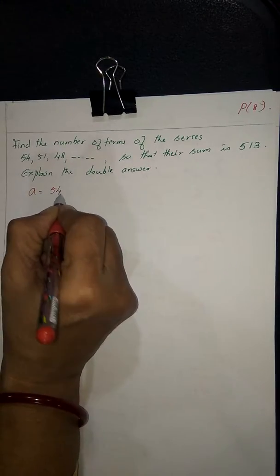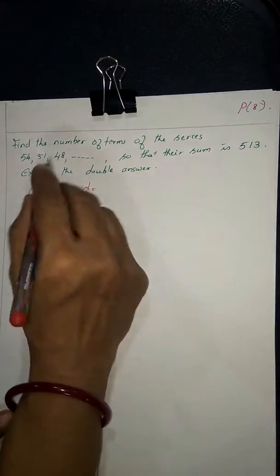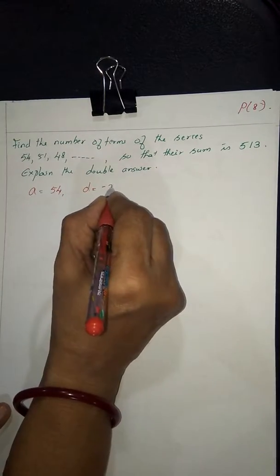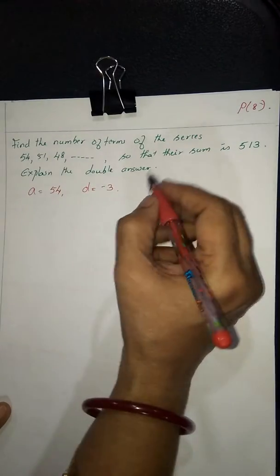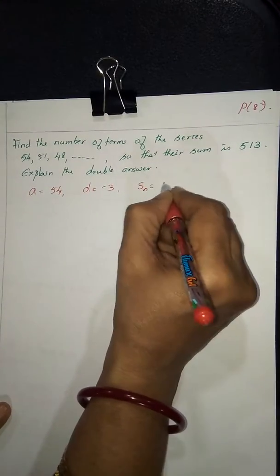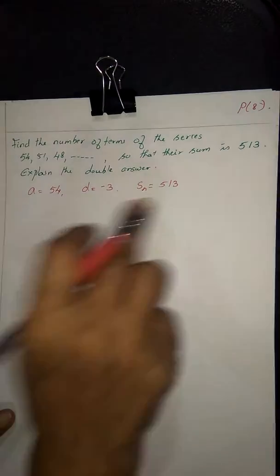A is equal to 54 and D is equal to 51 minus 54, that is A2 minus A1, so it becomes minus 3, and then Sn is equal to 513. This is the data that is available.